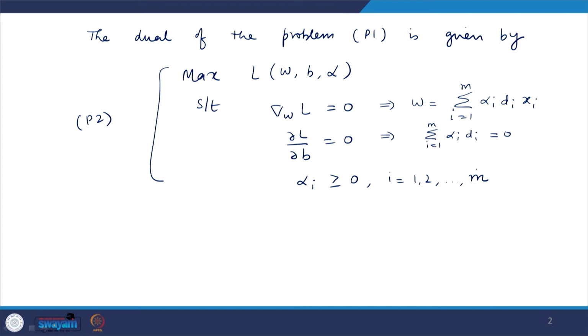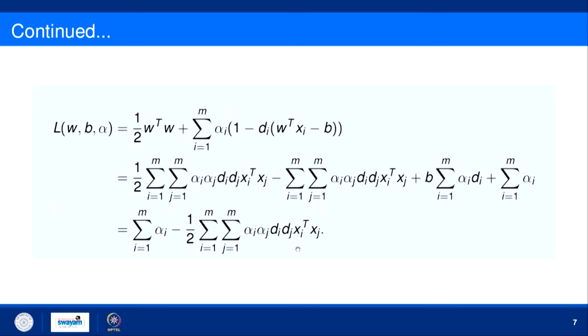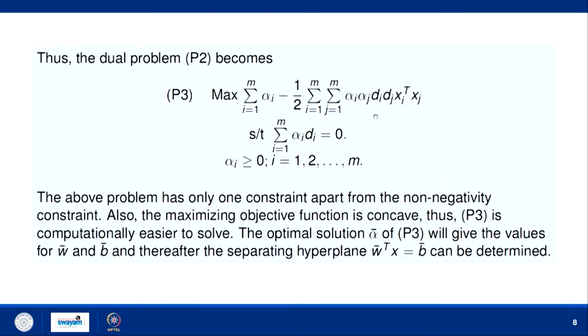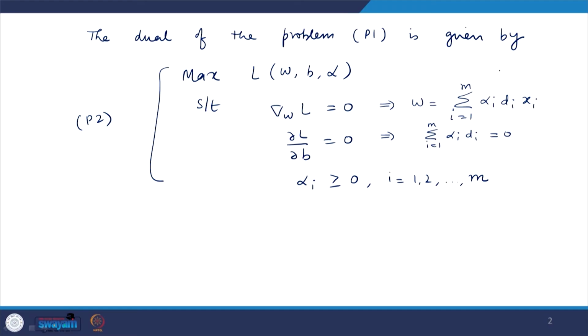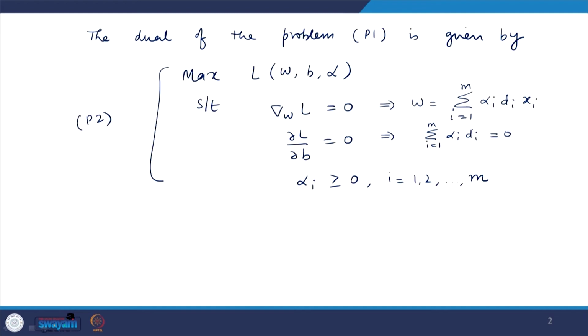Here also we did the same thing and obtained, after the simplification we have discussed, the dual given by this problem. This constraint we have already used, so this is the only constraint remaining: maximize this function subject to this constraint and alpha_i non-negative.